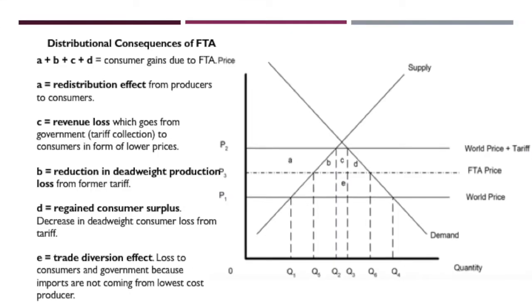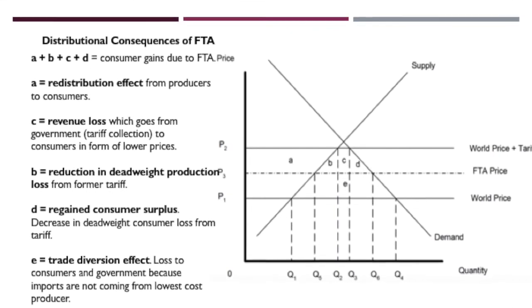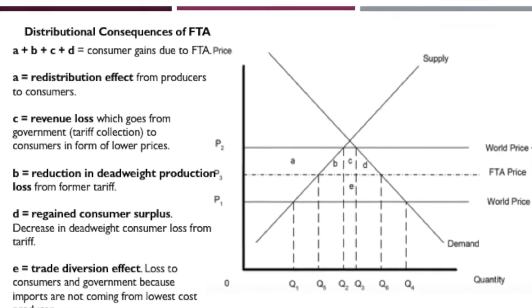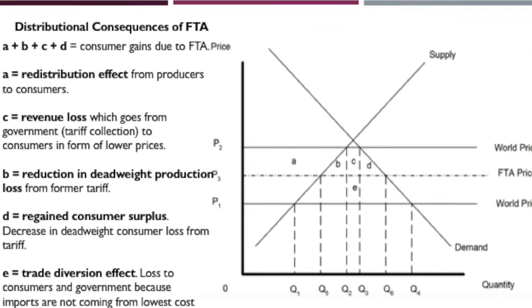Okay? You're incentivizing production in your free trade partner countries and importing from those countries, and they may not be the most efficient at producing these things. And so you get an inefficiency that economists refer to as the trade diversion effect.